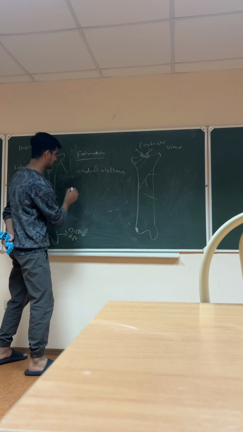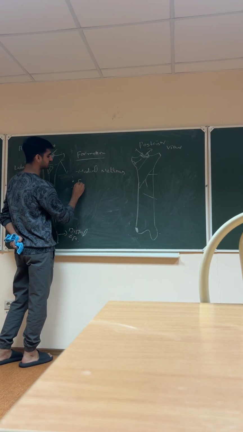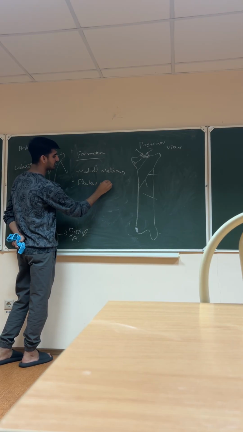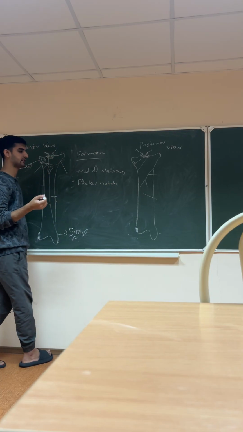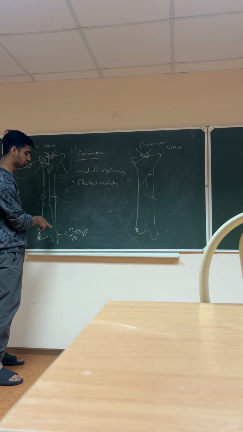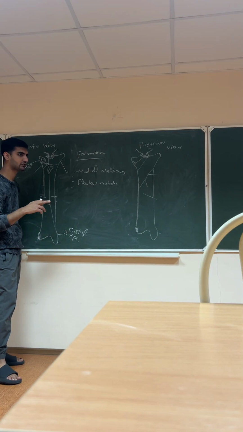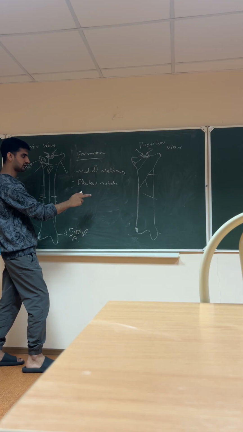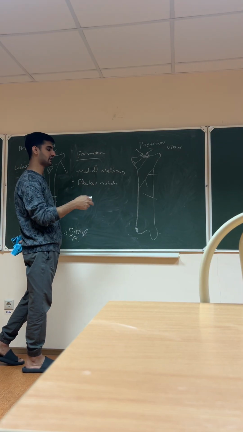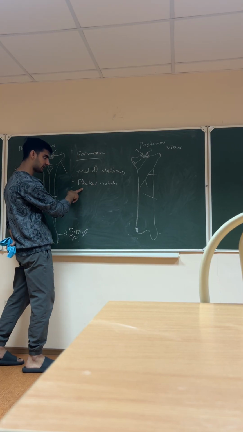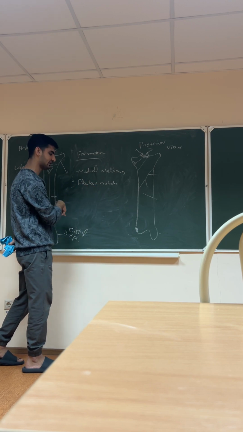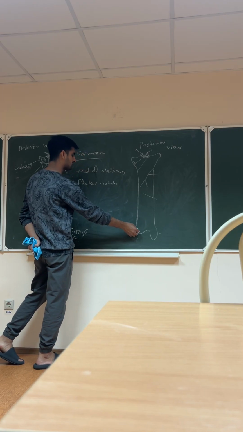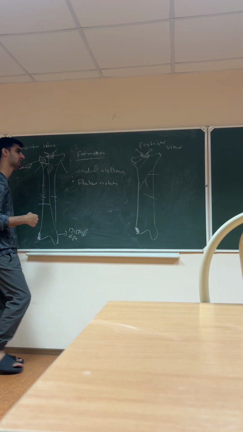Fibular notch, or in Latin, incisura fibularis of os tibia, because the tibia is the bone where the fibular notch is located. This tibia notch is for the fibular bone.